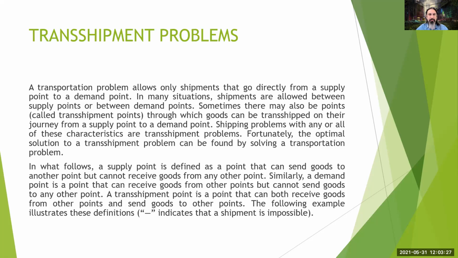So instead of going directly from a supply to a demand, you may have to make stops, make deliveries or make pickups on the way as well. Now, these are modeled a bit differently from classic transportation problems, but the solution type is still the same. We use the transportation simplex in that, but we have to make sure that the table is correct. Modeling the table is another story for that one.